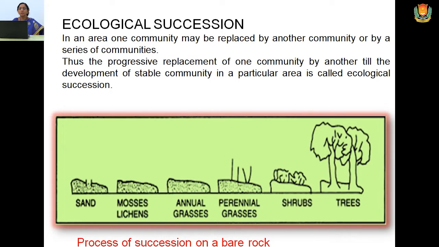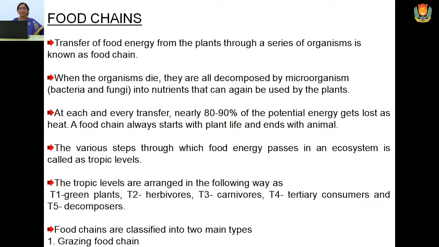The various steps through which food energy passes in an ecosystem are called trophic levels. They are arranged as follows. T1 is the first trophic level, which includes producers, for example green plants. T2 is the second trophic level, which includes herbivores or primary consumers.